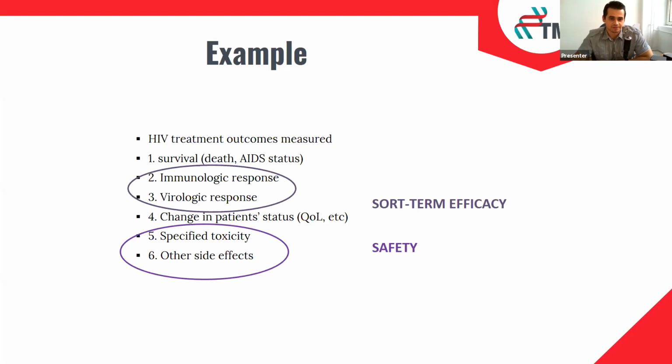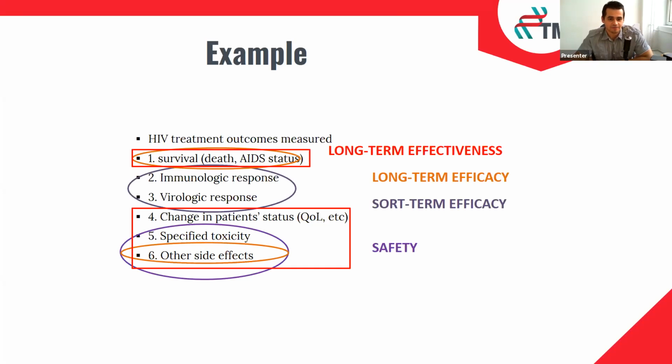The immunologic response and the virologic response refer to the short-term efficacy. The survival and the other side effects refer to the long-term efficacy. And the survival, the change in patient status, the specified toxicity, and other side effects will refer to the long-term effectiveness.